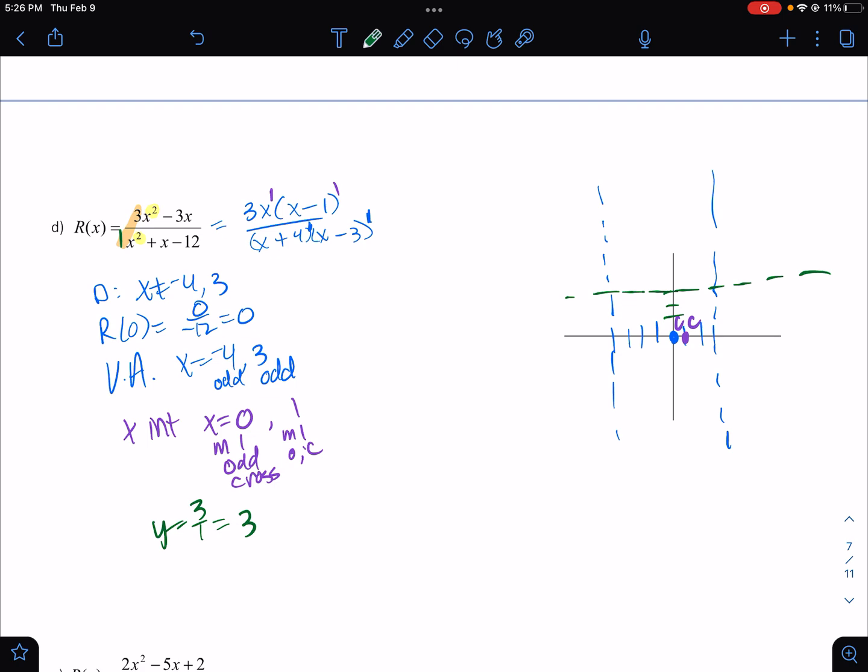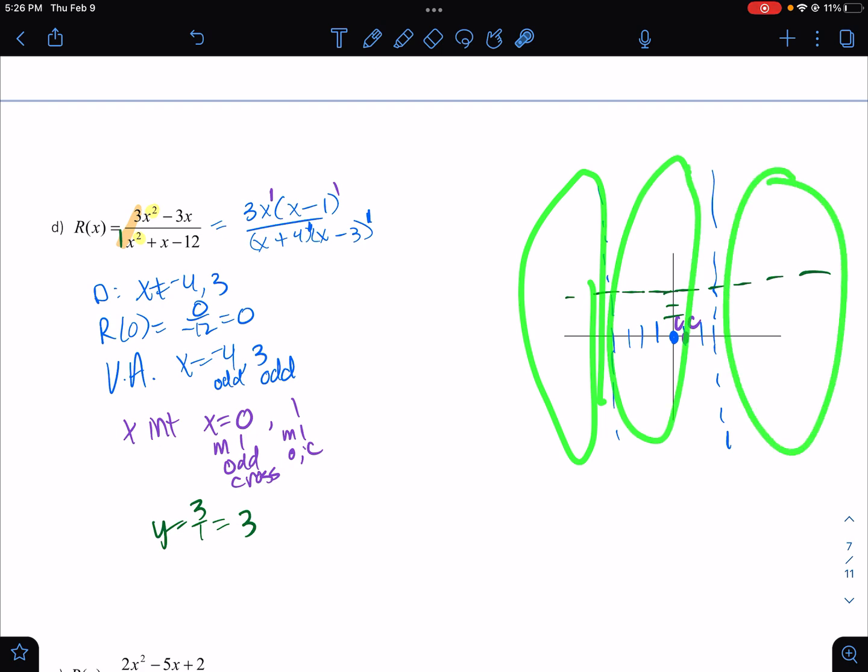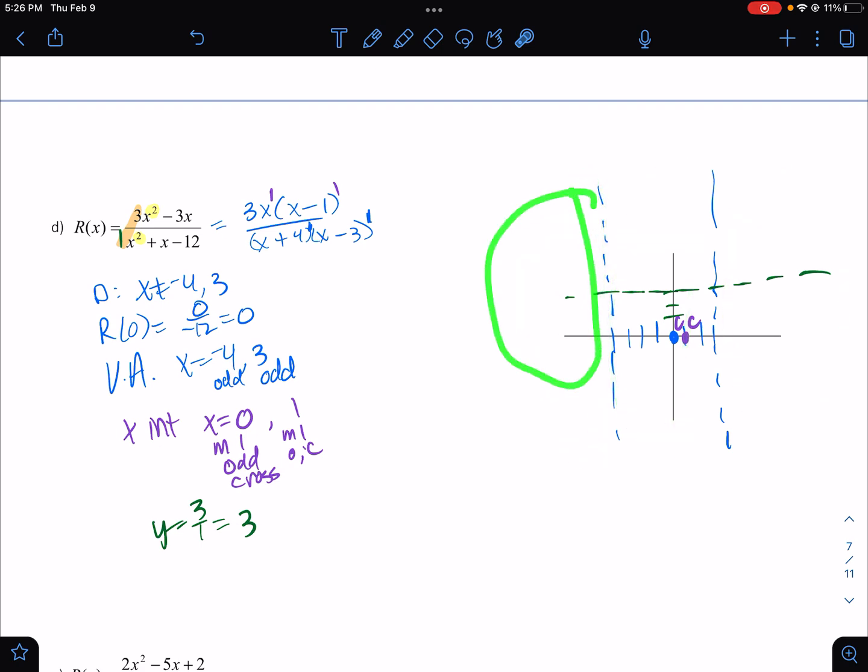So then I need to create my picture. I've got 3 parts to this graph. This part, and this part. Okay, so notice here that to the left of the leftmost vertical asymptote I could have a portion up here or I could have a portion here. So I'm going to decide based on the information that I have. I have no x-intercepts over here.